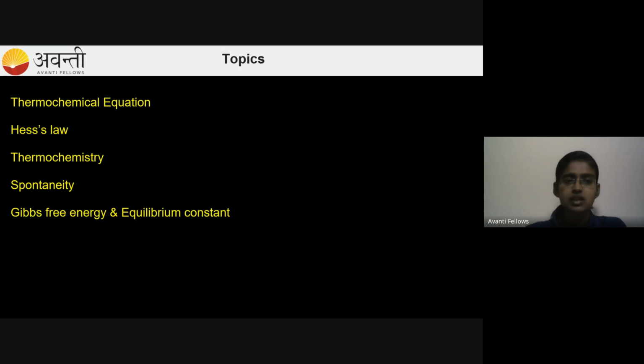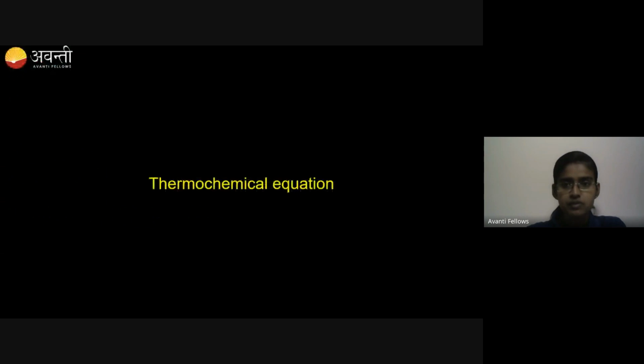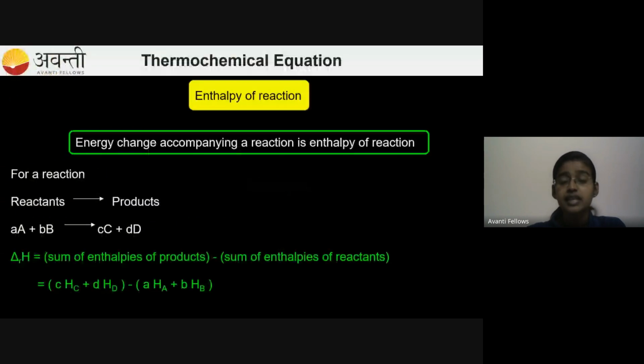Okay. So starting from the thermochemical equation, the first is the enthalpy of reaction. So what is enthalpy of reaction? It is the energy change accompanying a reaction. Say there is a reactant giving product, and if I want to find out the delta HR, which is the enthalpy of reaction, then I have to take the sum of the enthalpies of products minus the sum of the enthalpies of reactants.